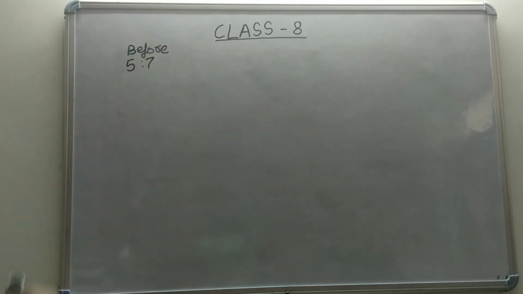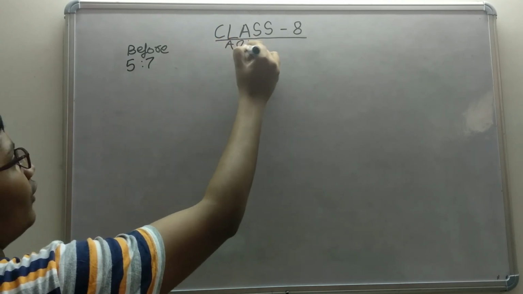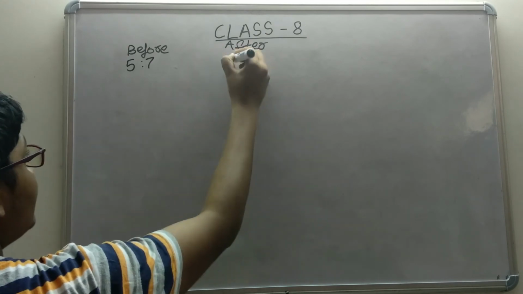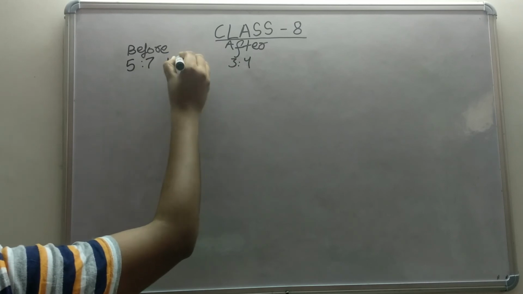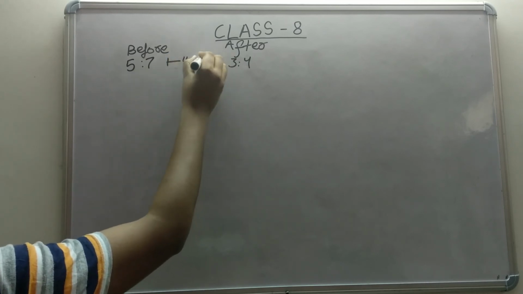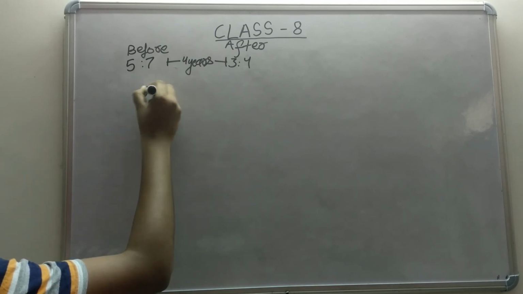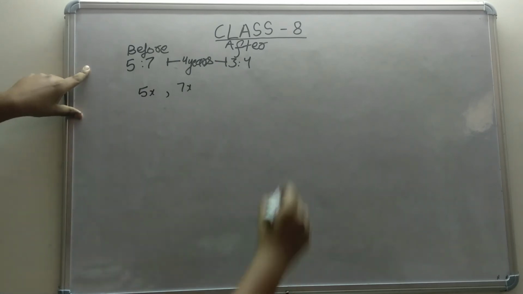In this type of age question, always have before and after. So let the present ages be 5x and 7x.